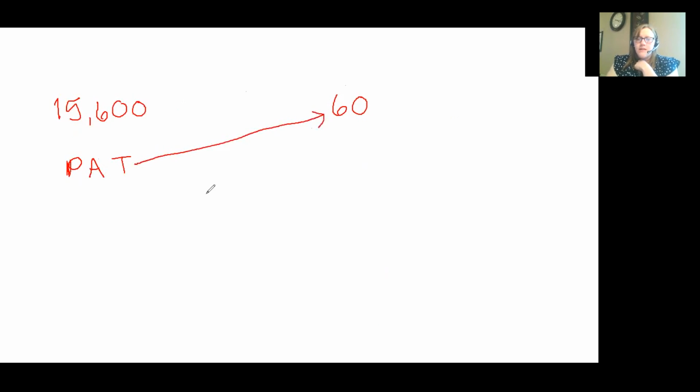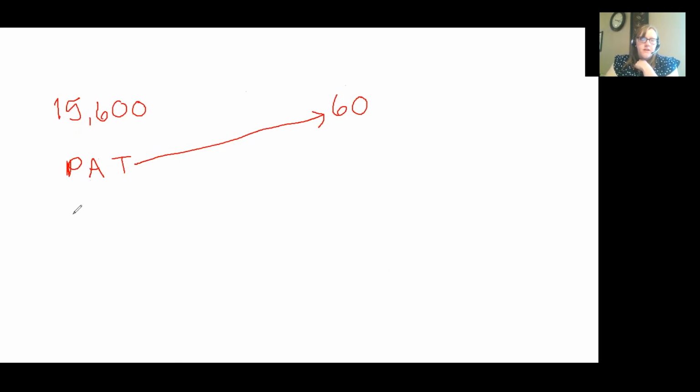All right, so the way you do that, let me rewrite those down. We have 15,600, and then 60. So that means, let's say we just pull out one random 3-letter sequence. So let's do PAT. That means PAT can be linked to 60 different number combinations.